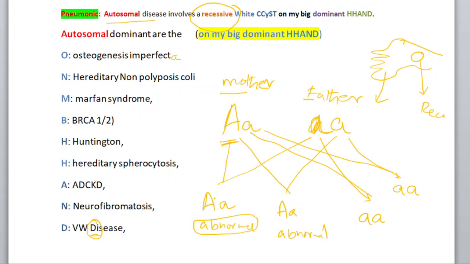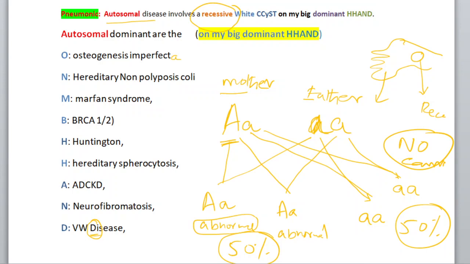Here you see a 50% ratio of diseased patients, and 50% will be normal. Remember, there is no carrier state in autosomal dominant.